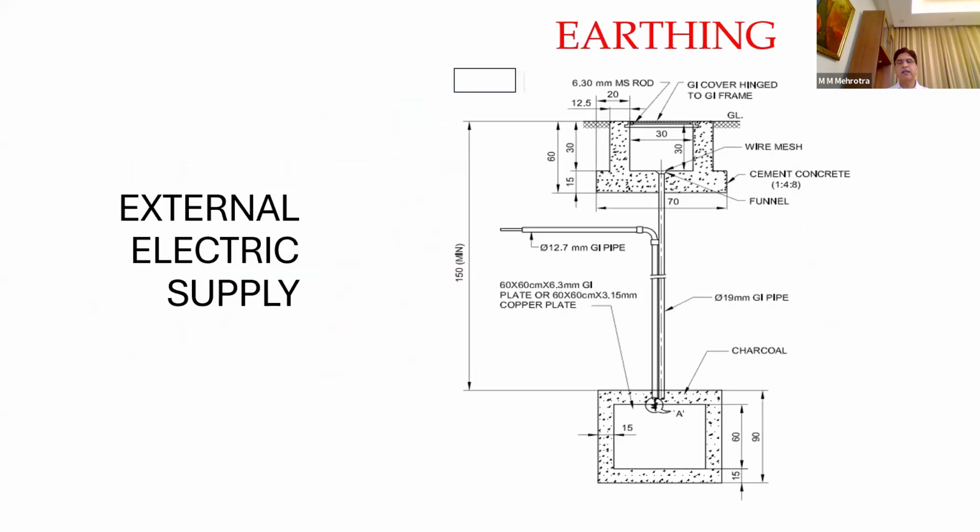Earthing, you only see this figure. Earthing is an important word. There is a lot of utility of this earthing. Here, you provide an earthing for the safety of the personnel who will be using this building.